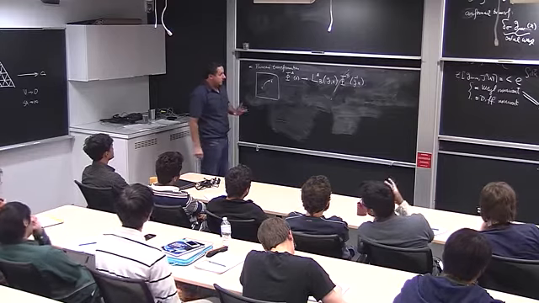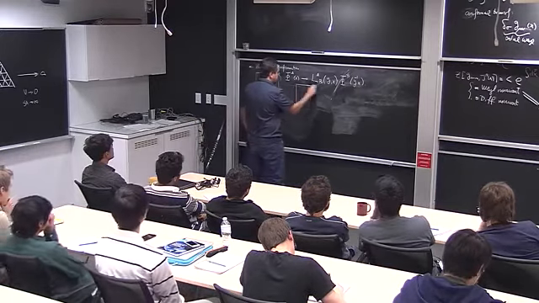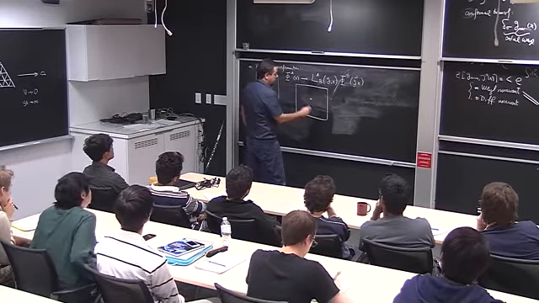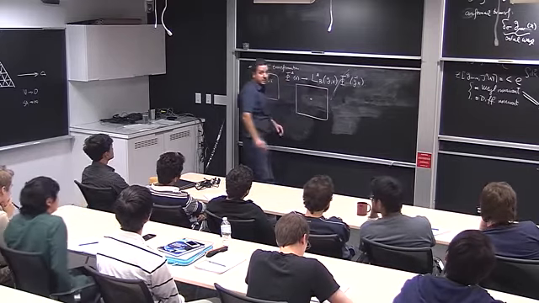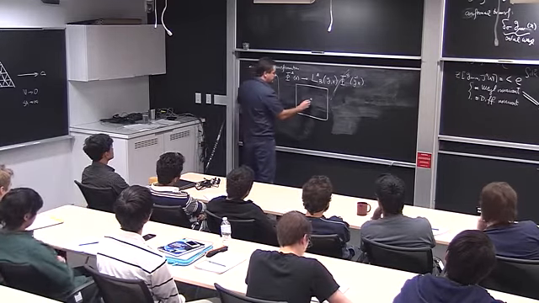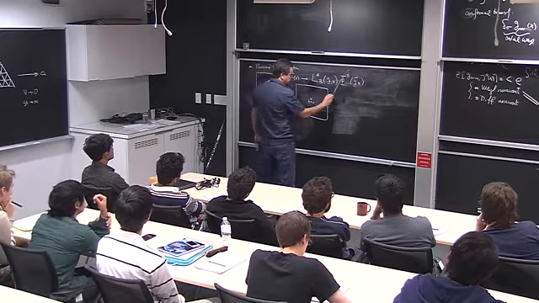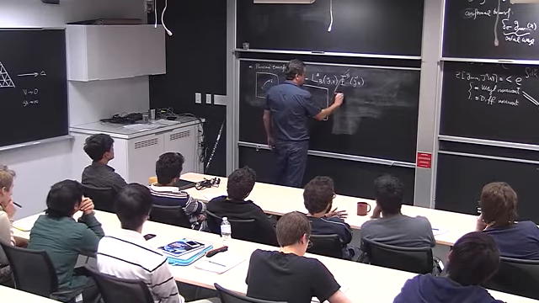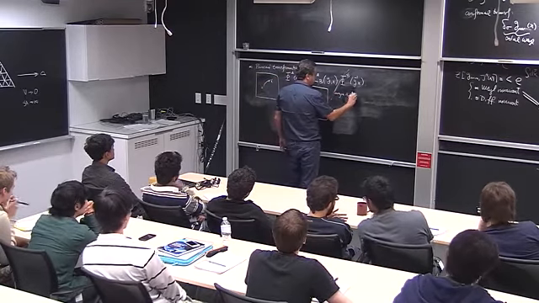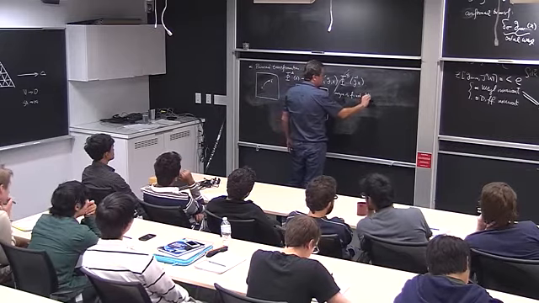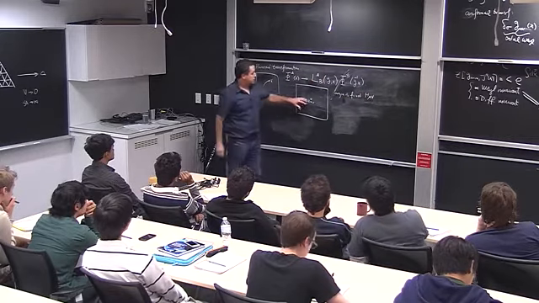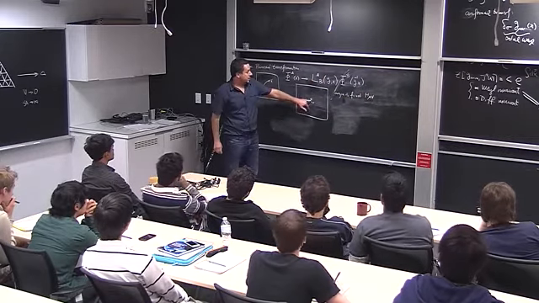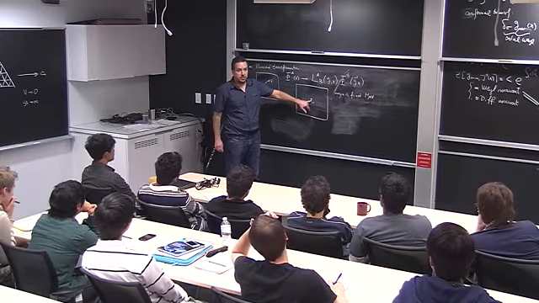Essentially what those words mean is that if you know how the field transforms at the origin, and the origin is fixed precisely by the Lorentz rotations. At the origin, the only thing that leaves the origin fixed is precisely Lorentz transformations.